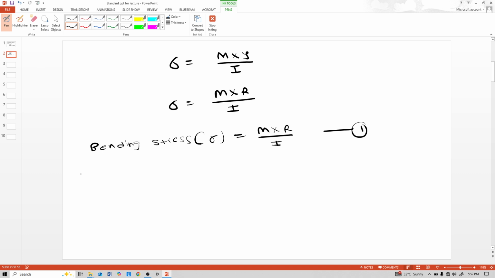Now the second step is twisting moment by the torsional formula.